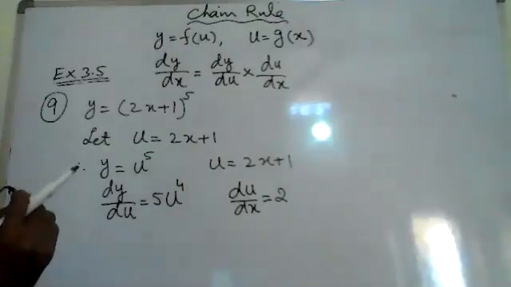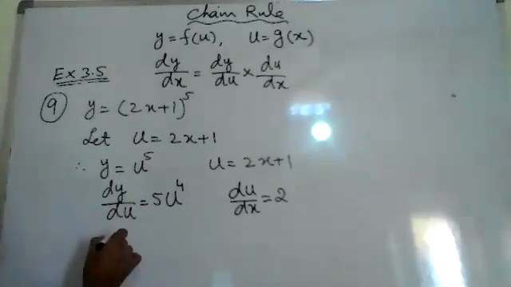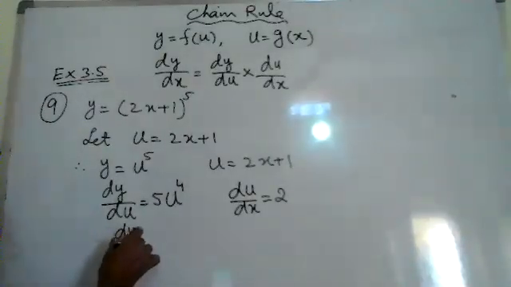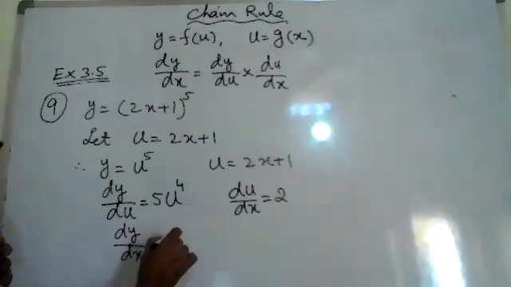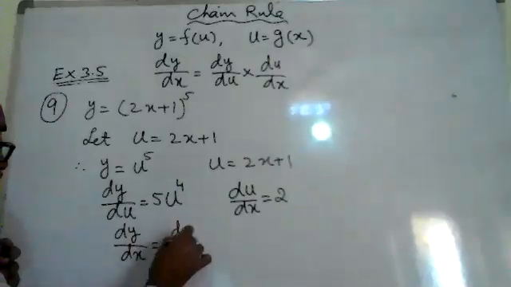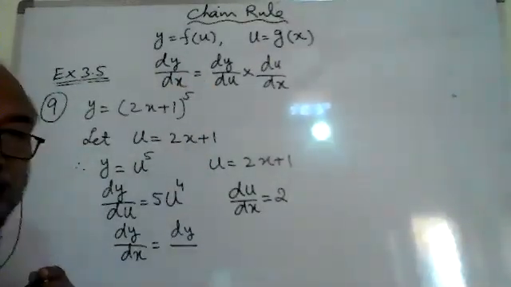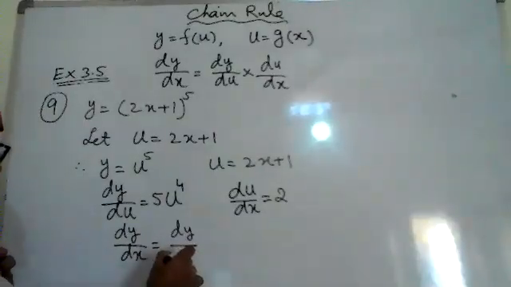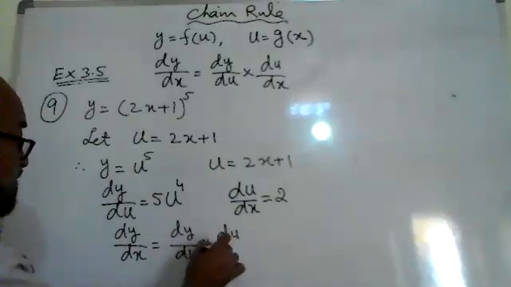So dy upon du is equal to 5u raised to power 4. du upon dx is equal to 2. Now dy upon dx is equal to dy upon du into du upon dx, the same chain rule.